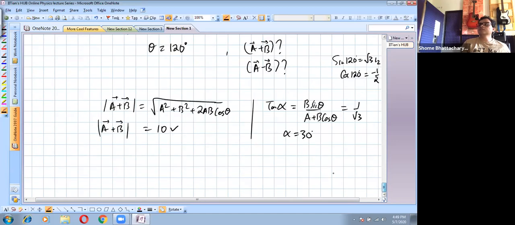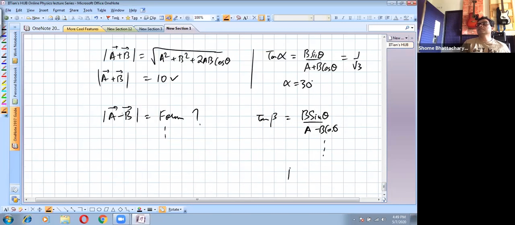Okay. Similarly, you find out by the same method A minus B, you apply the formula. From the formula, we calculate how much it is. And tan beta is similarly B sin theta upon A minus B cos theta. So apply all this here also.